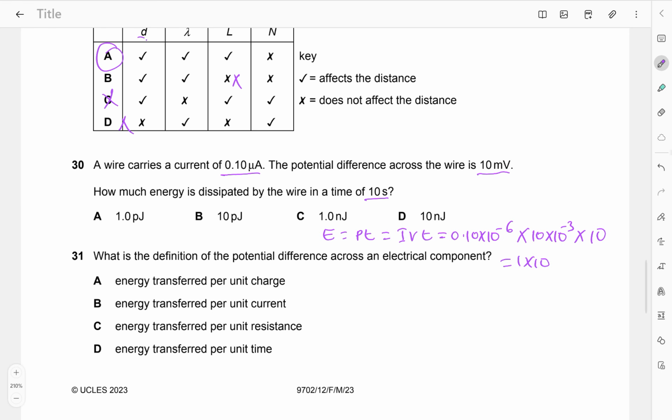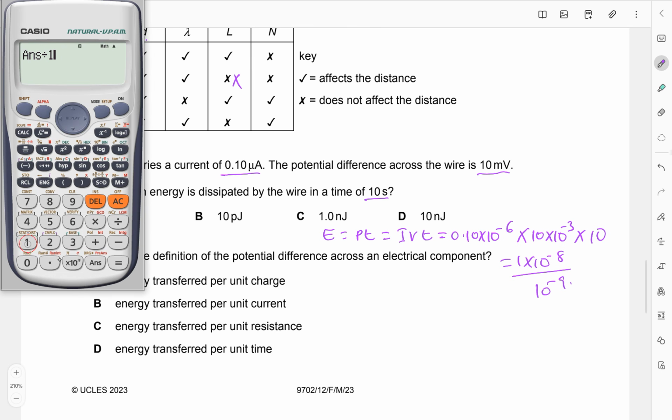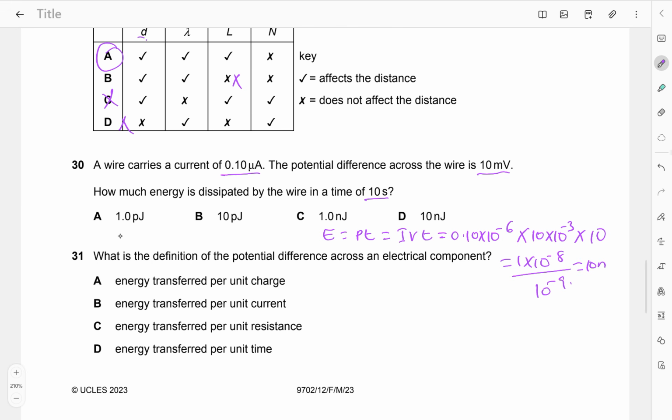I'll change this to nano. I will divide this by 10 power negative 9 and see what I get. Dividing by 10 power negative 9 gives 10. So this is giving me 10 nanojoules. So the answer is D. It can't be 1.0. So the answer is D.